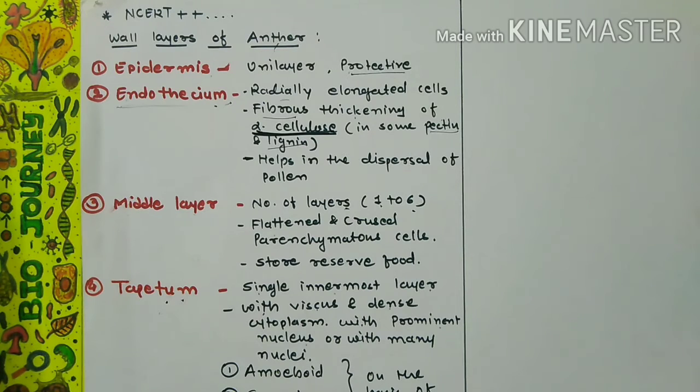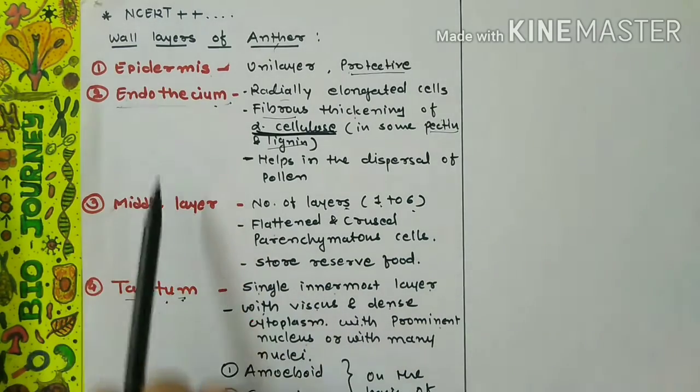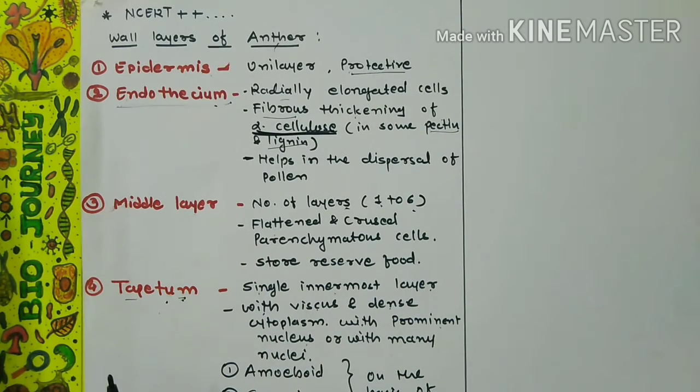One more thing you can highlight: UV bodies are present in the tapetum which secrete the most important material known as sporopollenin. Sporopollenin is an important material for the exine of the pollen grain. So here these 4 layers of the anther are there.